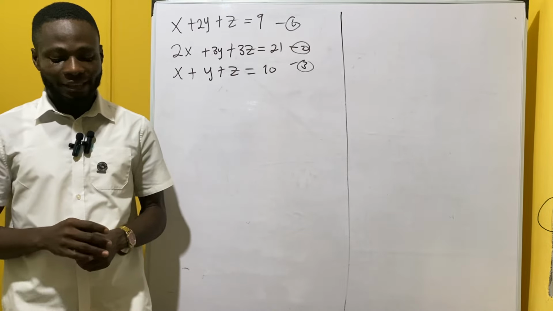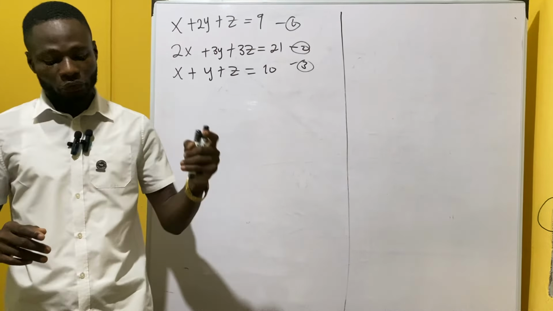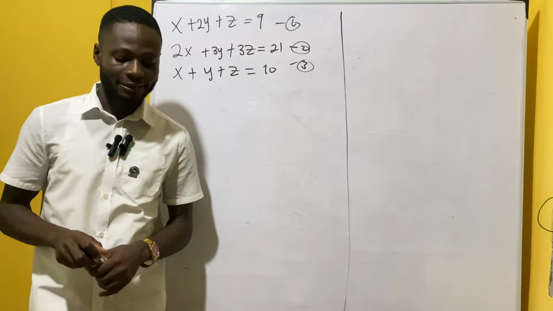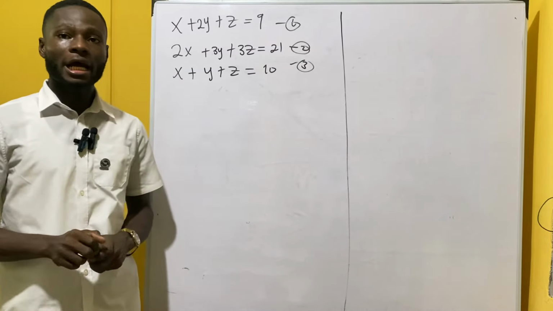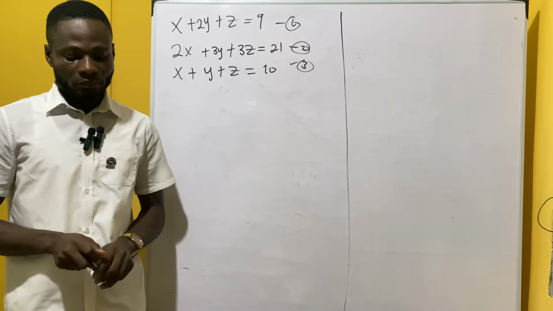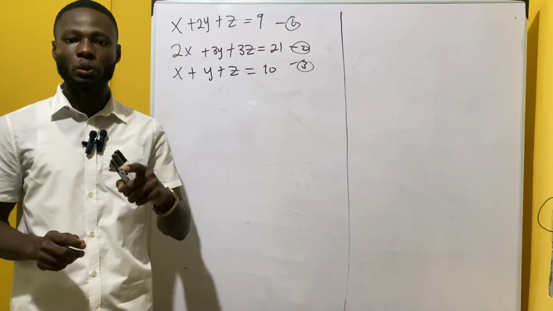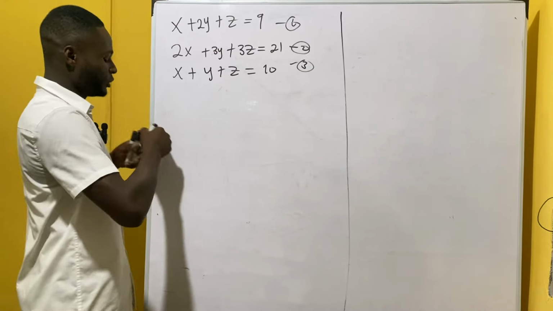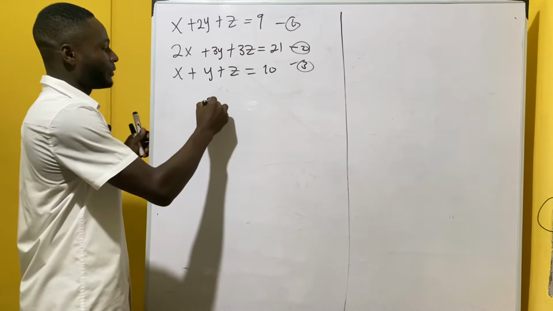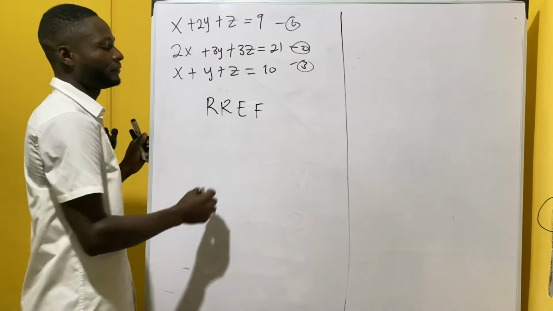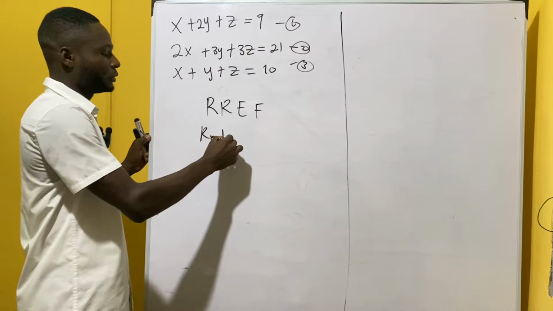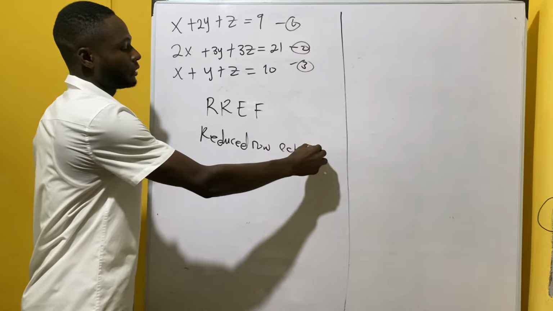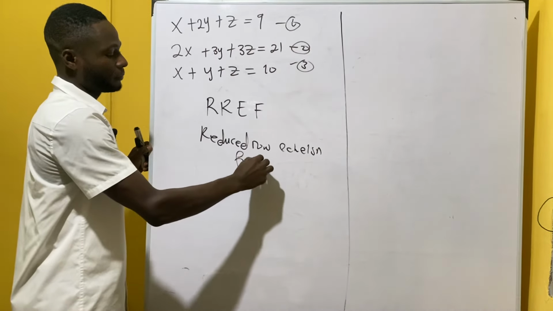Jordan extended the Gaussian elimination process by introducing an additional step, and that is the reduction of the matrix to a reduced row echelon form, the RREF, reduced row echelon form.